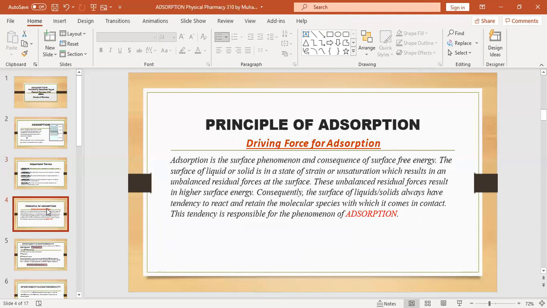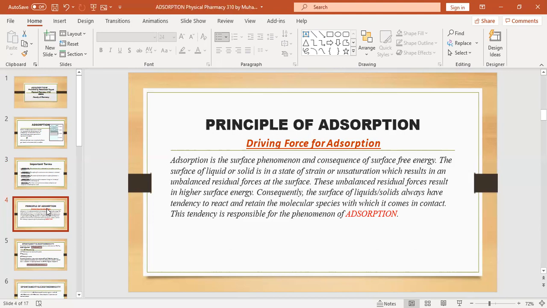Now, the principle of adsorption means the driving force for adsorption. As we know, adsorption is a surface phenomenon and a consequence of surface free energy. It means adsorption occurs due to the surface free energy, the energy which is present in the surface and responsible for the phenomenon of adsorption.